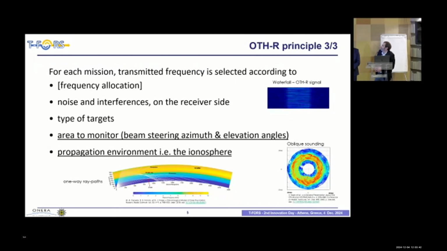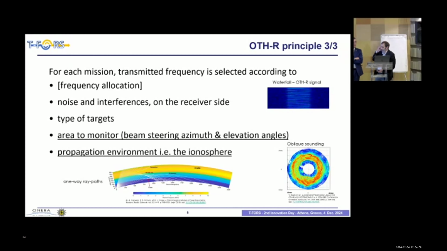In terms of principle of operation, for each mission, the trade-off is to select the good frequency, and this is done, of course, according to frequency allocation. So we have to follow some rules, like every active system. We also have to cope with noise and interference on the receiver side.